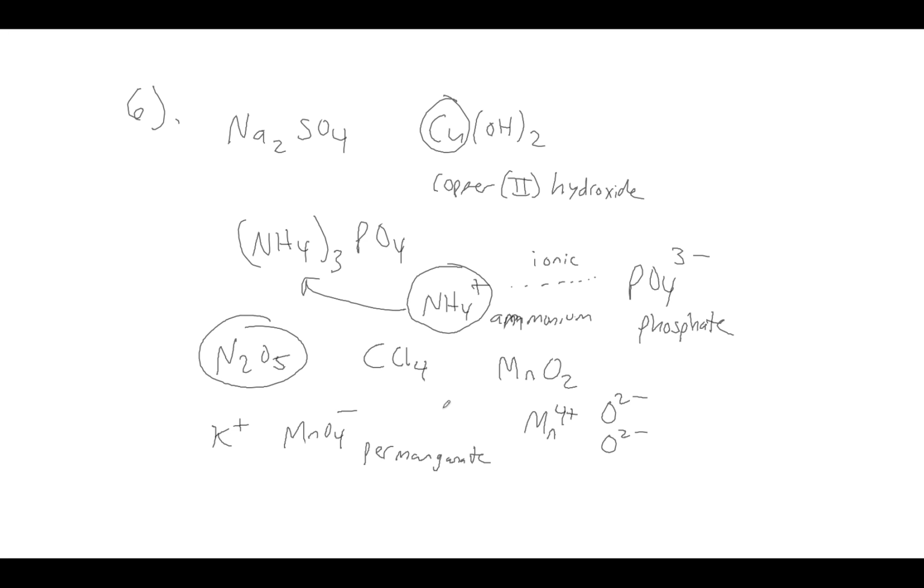And then zirconium(IV) oxide. ZrO2 would involve Zr 4 plus, because each O is 2 minus, kind of like the case with manganese. So this would be called zirconium(IV) oxide. And that's also ionic, but compound 1 in this case was molecular or covalent.